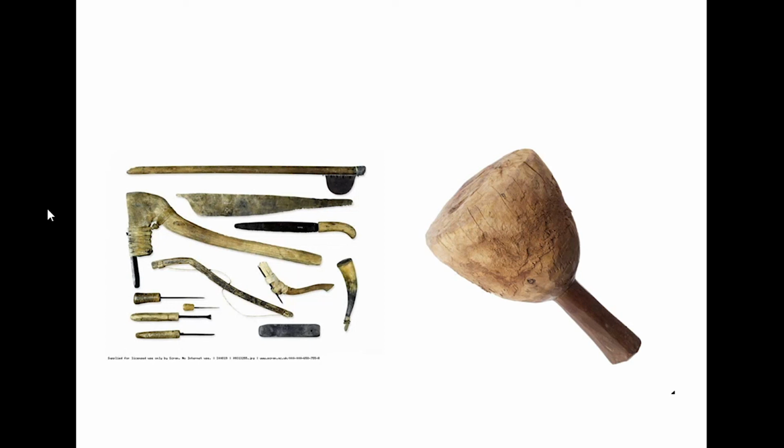The toolkit here on the left is a carpenter's toolkit, a full set, like an axe, a saw, various adzes, various chisels and awls. Again, it would be made slightly differently, but all of this would be recognisable to a carpenter today.